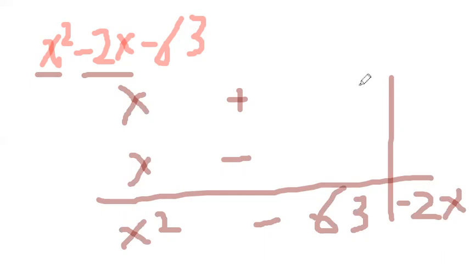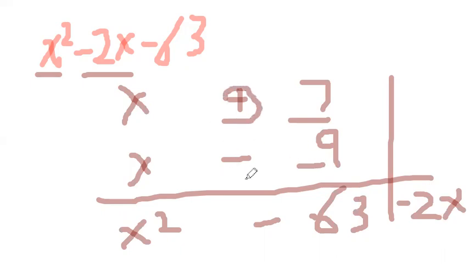And let's check it. 7, 9. And yeah, the position also matters over here, because if we place the minus sign above and plus sign below, then things won't be correct.